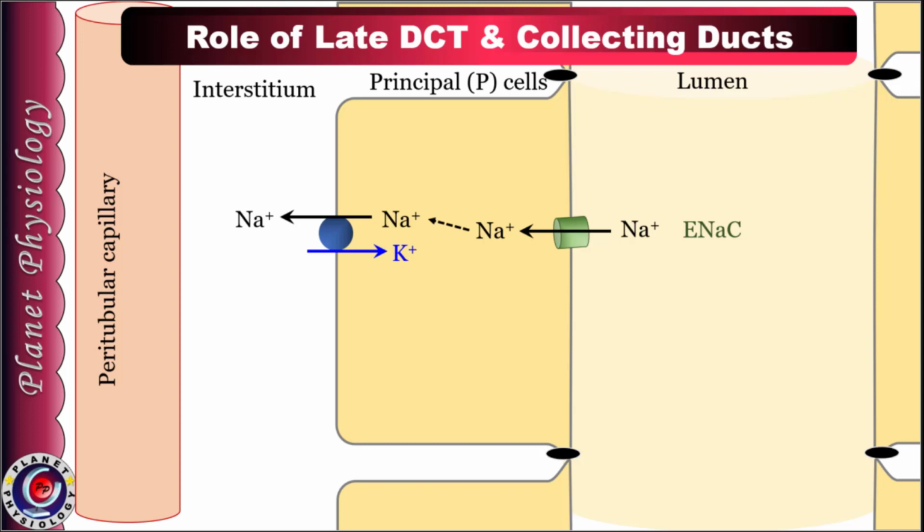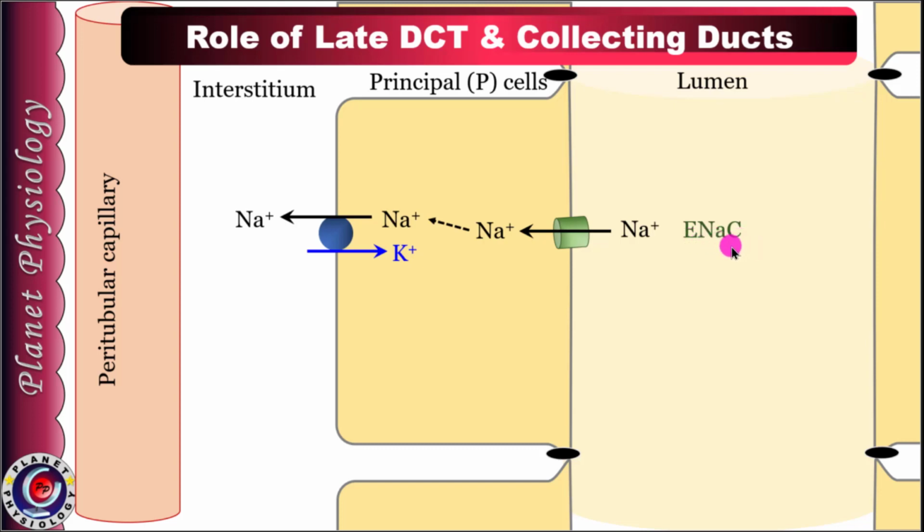Let us study how. Like previous segments, these cells also possess sodium-potassium pumps on their basolateral surface. They create a concentration gradient for sodium, which facilitates sodium influx from the luminal surface via ENaC channels. ENaC is nothing but epithelial sodium channels.